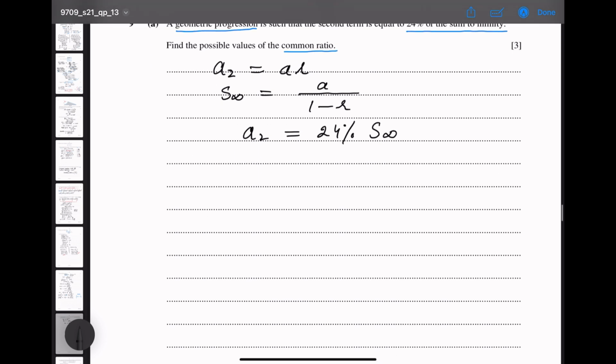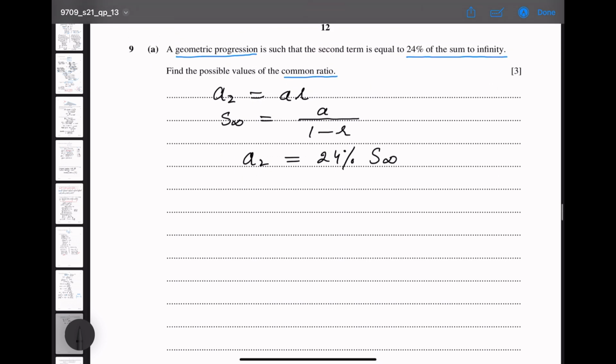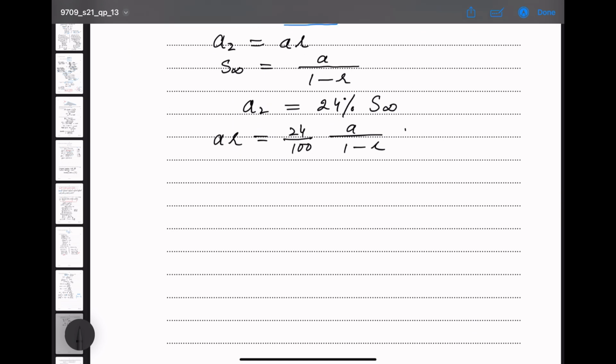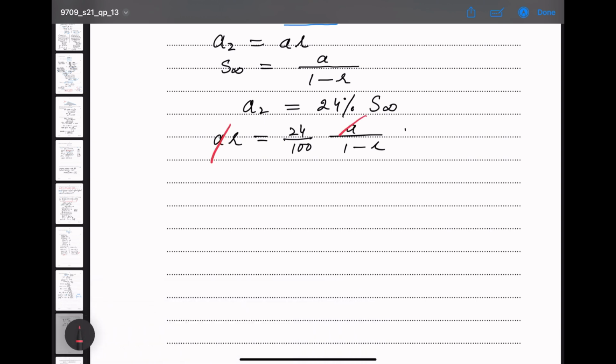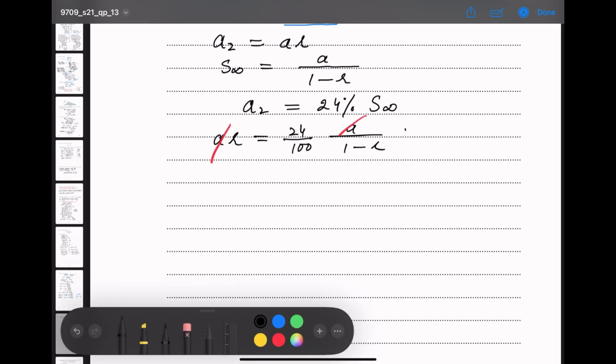Now we will put the value of A2 and S infinity here. A2 is AR. 24% means 24 over 100. Now S infinity is A over 1 minus R. Now we can cancel out A from both sides.